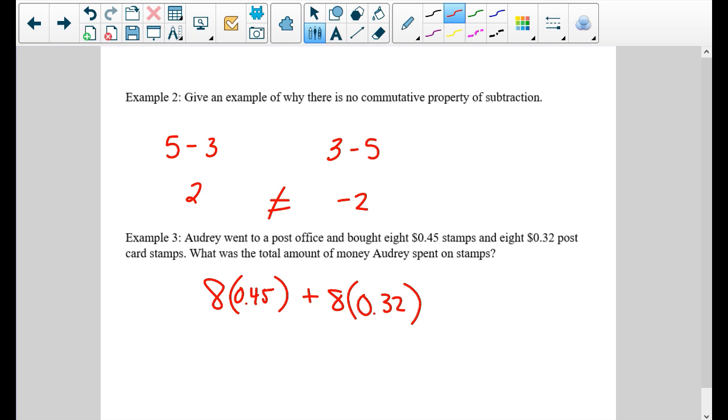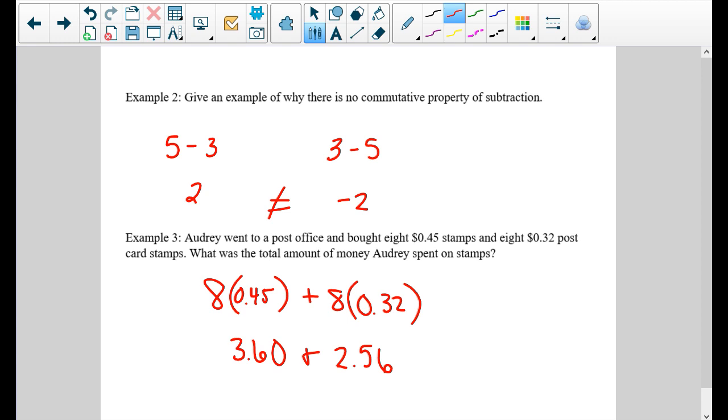So what's 8 times 0.45? 3.6. We're doing money, so I'll put a 0 in there. What about 8 times 0.32? 2.56.